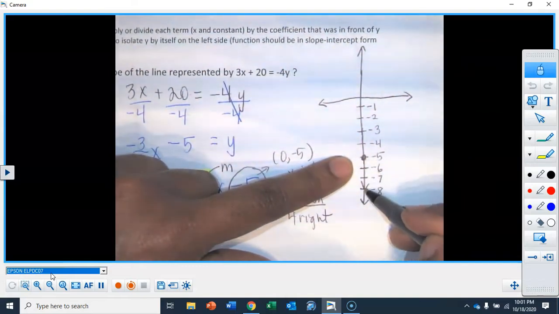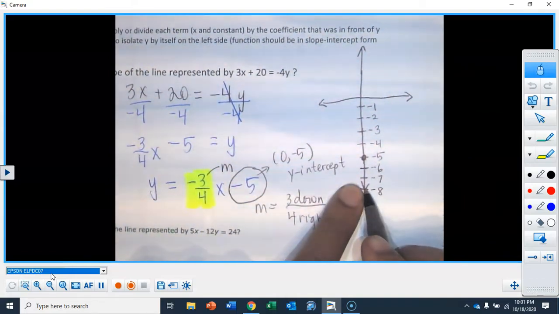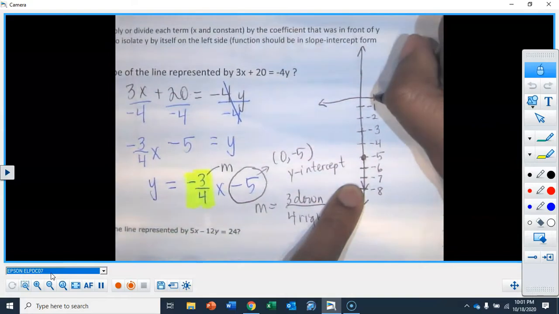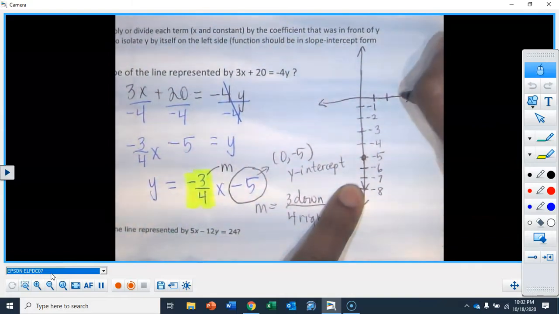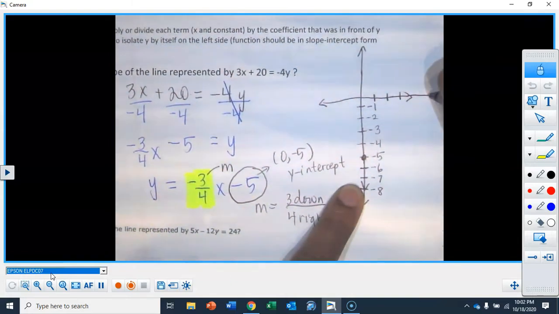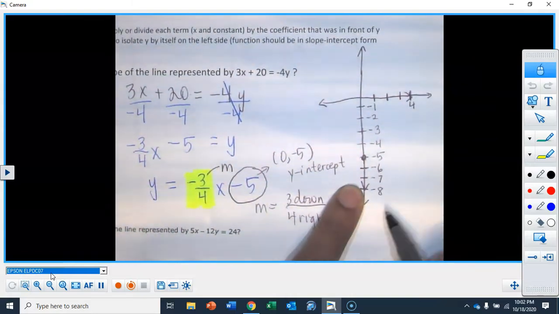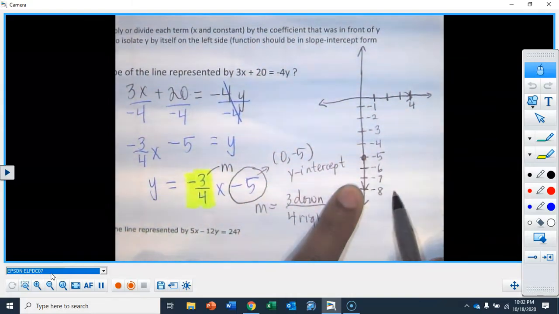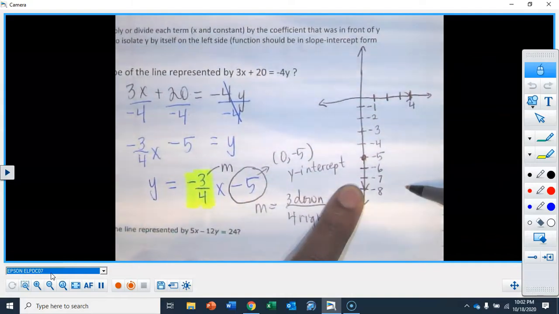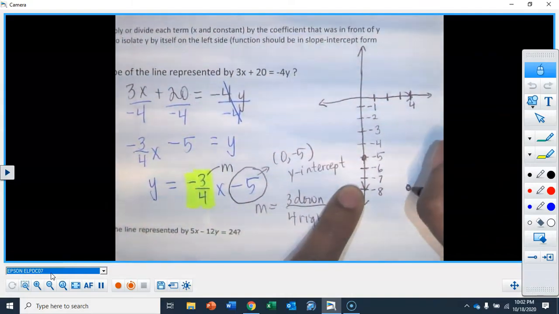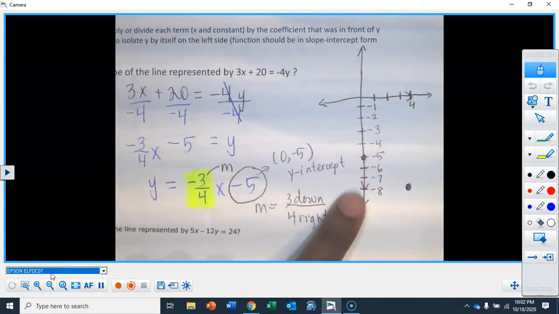So I'm going down 3, and then from here, I'm going to go 4 to the right. 1, 2, 3, 4. So if I go down 3 and then 4 to the right, I'll be at 4, -8. That's another point on my line.